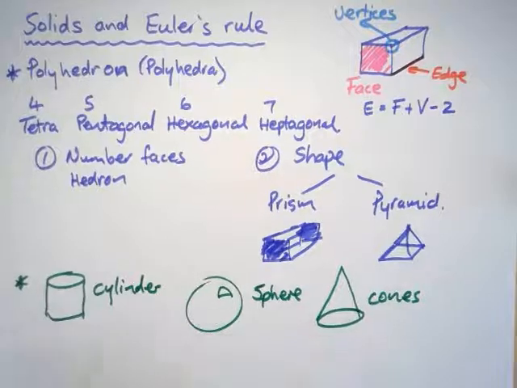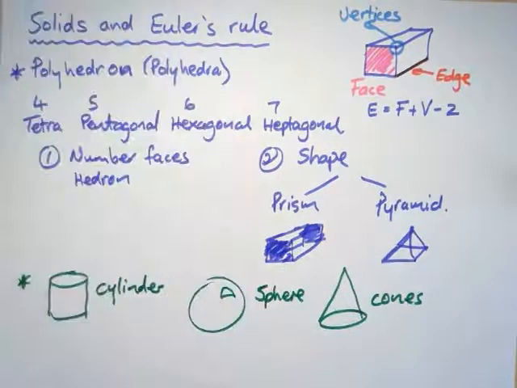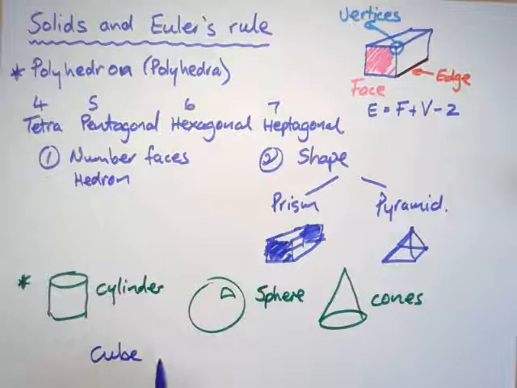Just going back to the polyhedrons, the only thing that you might want to remember here is that when we talk about a cube, all sides are the same, square base, square face, a 6 square face prism.